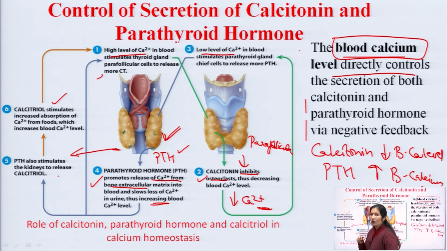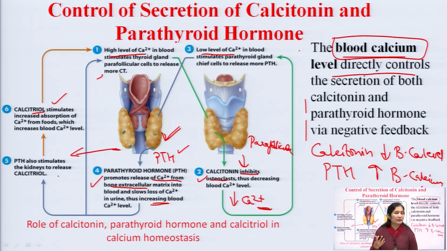So, calcitriol increases the intestinal absorption of calcium from the diet; calcium from the diet is only absorbed in the presence of vitamin D. So, the active form of vitamin D is calcitriol, which stimulates the absorption of calcium from the food, thus it increases blood calcium level.